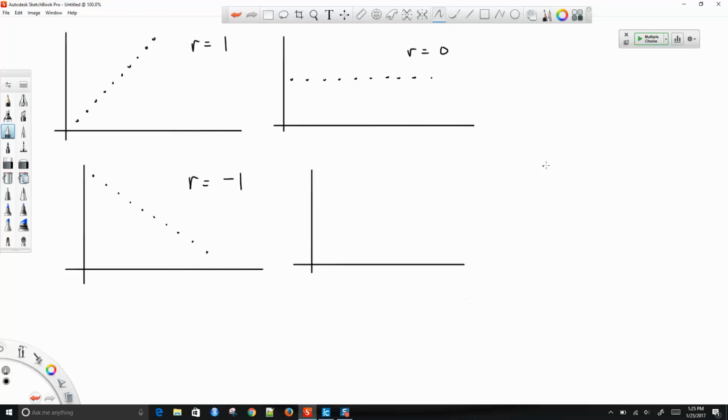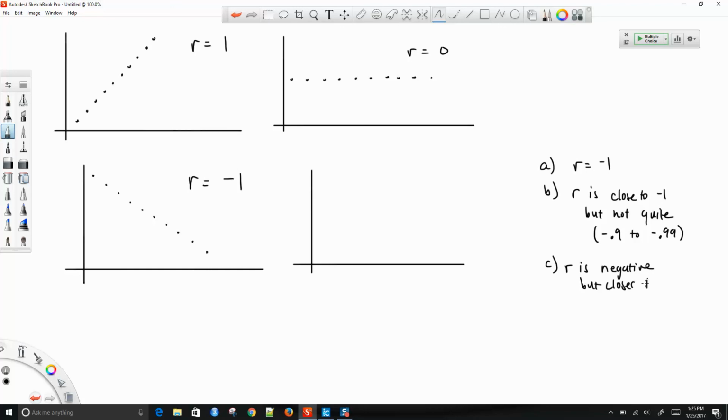And then this will be your little clicker question here. A: R is equal to -1. B: R is close to -1, but not quite, say 0.92. C: R is negative, close to 0. And D will be something else.